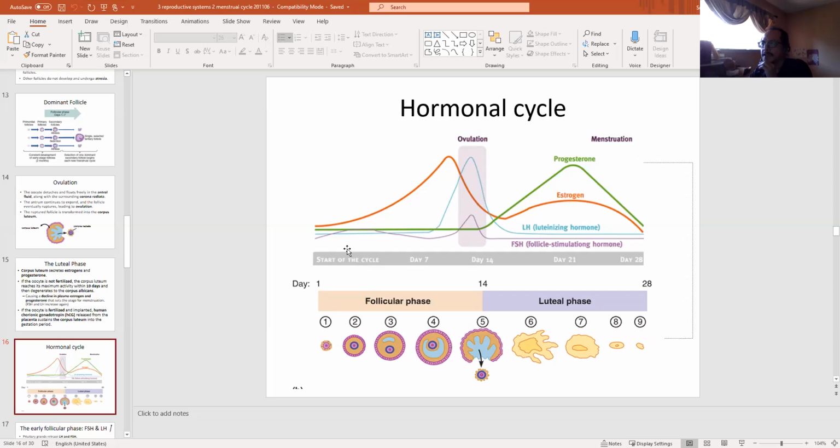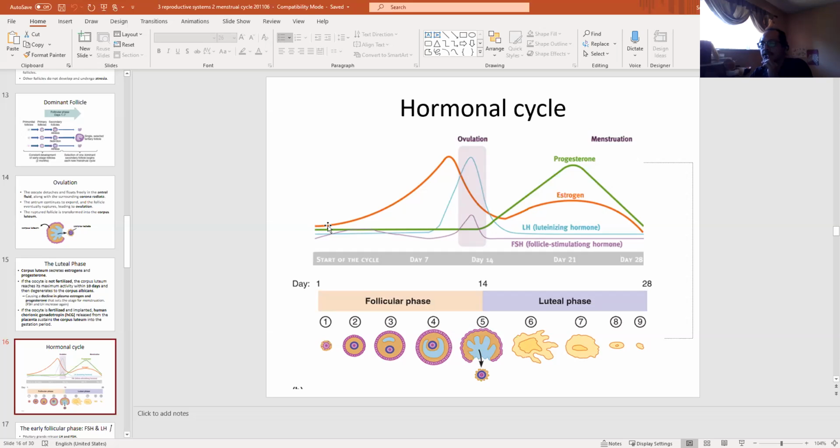So in the beginning, we have the LH and FSH basically increasing. The FSH will stimulate the follicle to develop. LH might not change that much, but LH is there to stimulate the theca cells. Theca cells will produce the androgen for the granulosa cells to produce the estrogen.